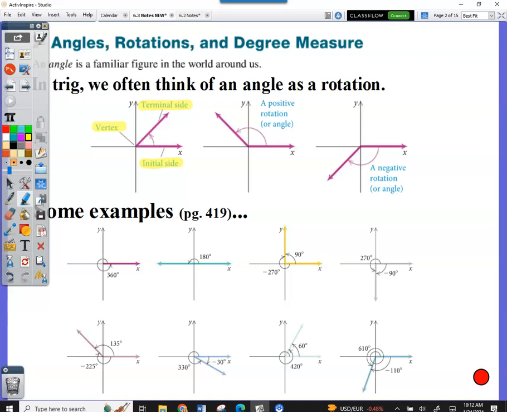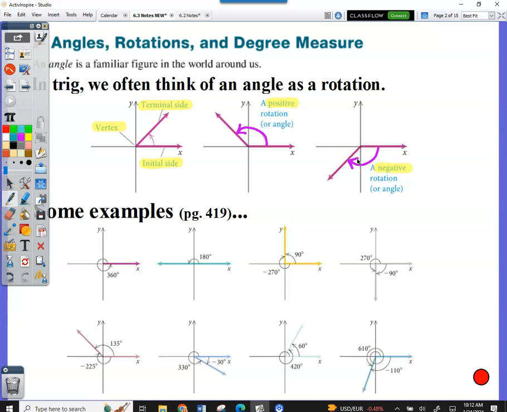If an angle is positive, it's going to rotate the way that you're used to seeing, like this. If it's negative, it's going to rotate in the opposite direction from the initial side this way.